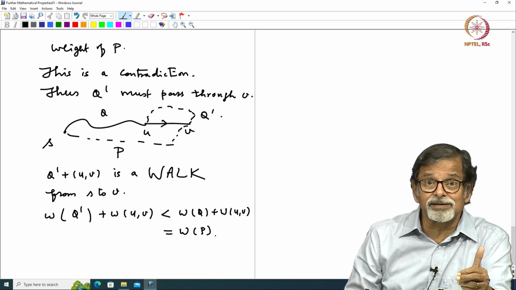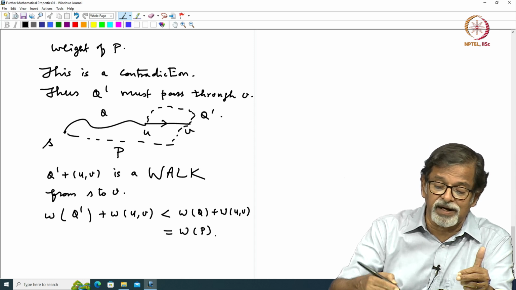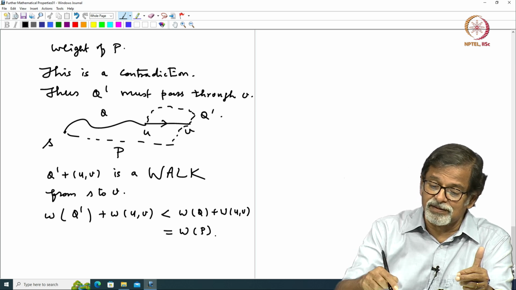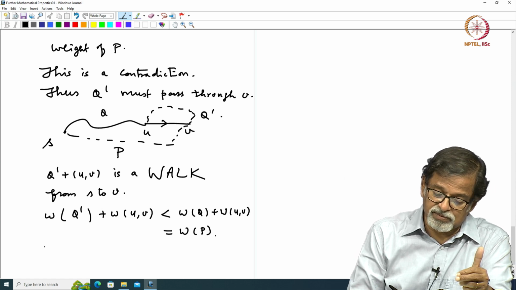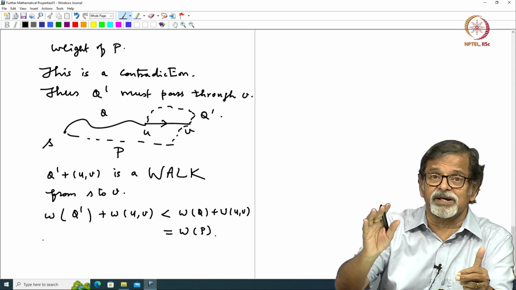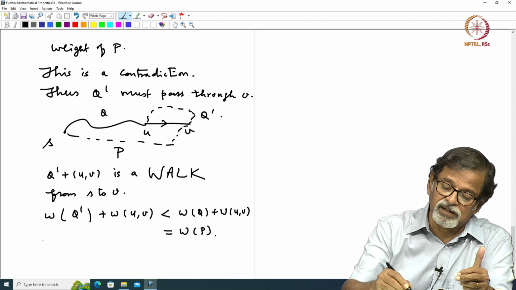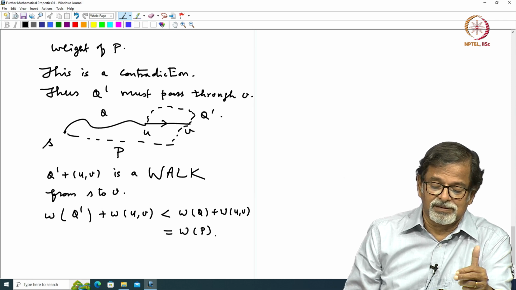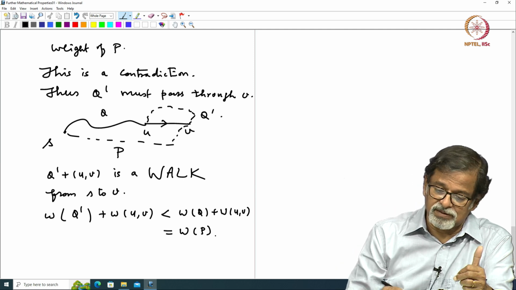This walk has a path to V and a cycle from V to U to V. So, you remove that cycle. When we remove the cycle, which is the V part of Q dash UV, you get a path S to V, which is a part of Q dash.